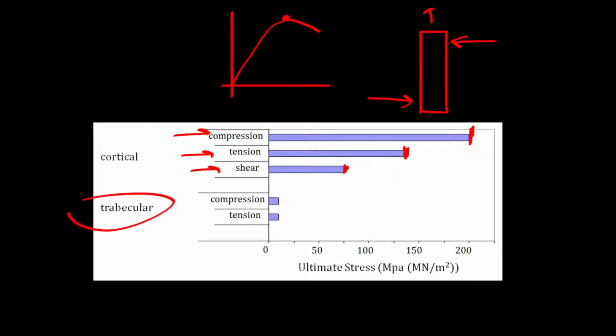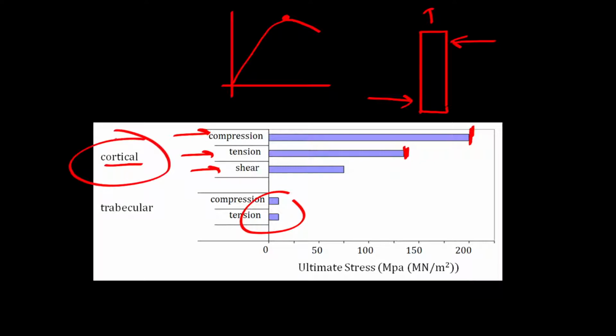And then trabecular bone, areas of bone dominated by trabecular bone, are substantially weaker than cortical bone, which explains why a lot of the load-carrying bones of the body, like the femur, or the tibia, or the humerus, radius, ulna, are primarily cortical bone in the highest stress areas.